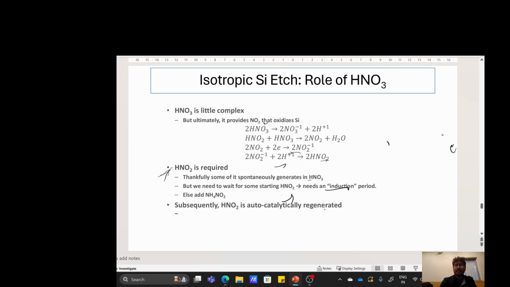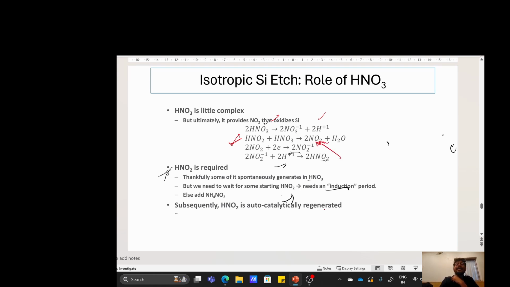This is HNO3, an acid, so it will give H ions and NO3 minus. Because of the impurity in HNO3 itself, there is some amount of HNO2 inside. That HNO2 will react with HNO3 and give you NO2.